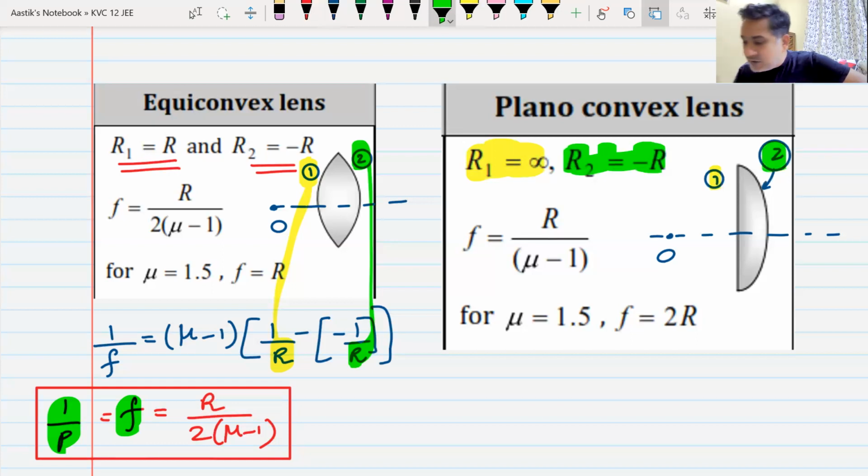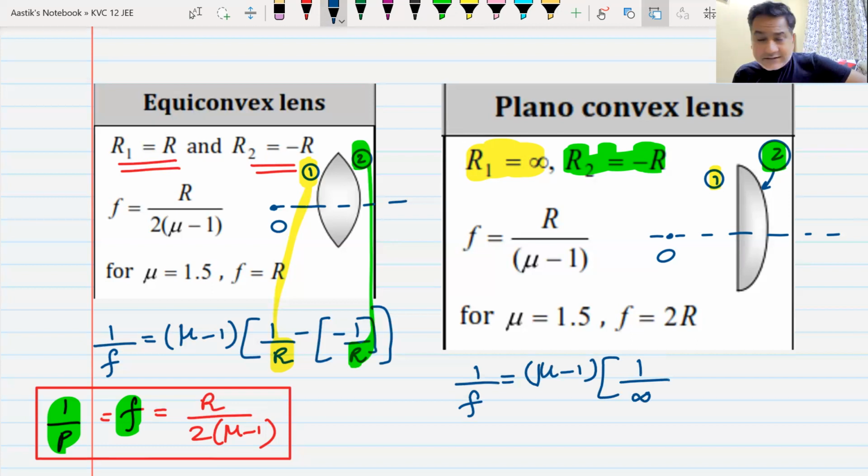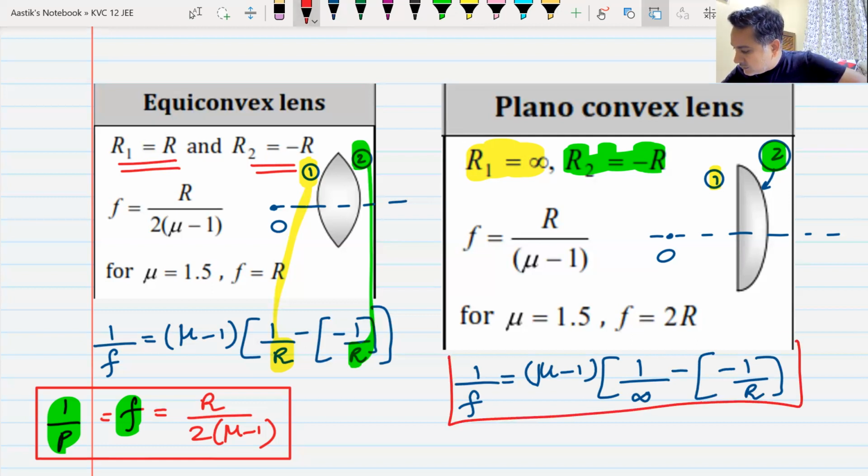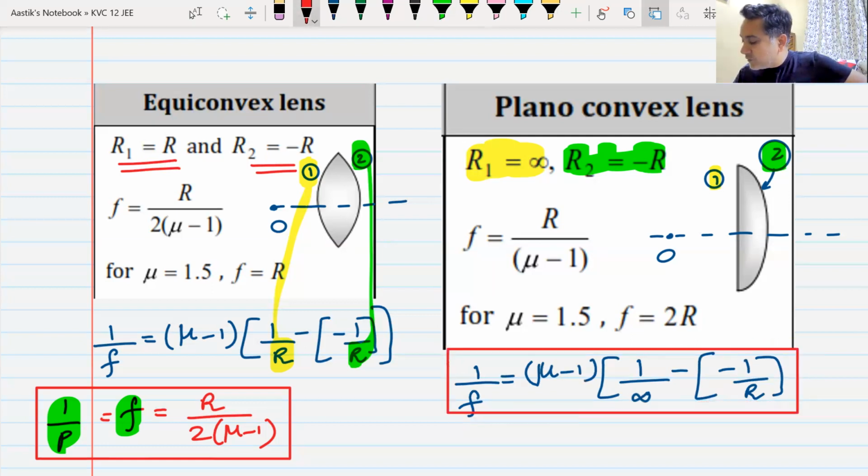Now, if you put the values in the formula, which formula I am talking about, 1 by f will be equal to mu minus 1 into 1 by r1, 1 by r1 is infinity, minus 1 by r. You will land up with the formula that is given here straight away.